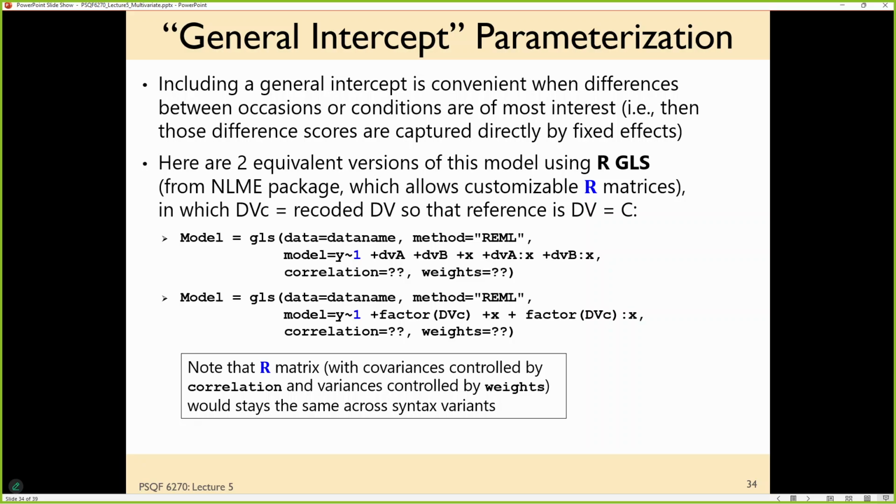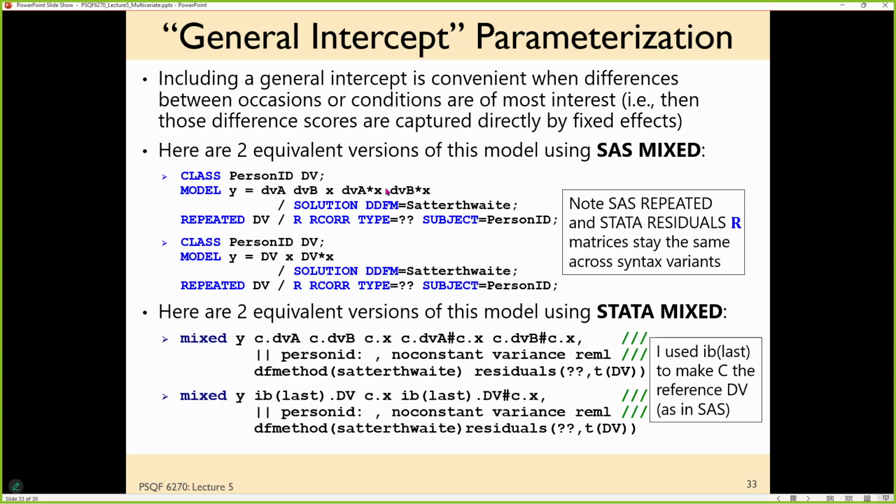So that's unbalanced, and that's what those types of models are designed to handle. And this is a balanced case where the set of potential outcomes is the same for everybody. And they can be missing. So if you have somebody who gave you data in conditions A and B, but not C, you can predict their A and B outcomes. You just can't predict their C. That's okay. It's better than limiting your sample to only people who have complete cases.